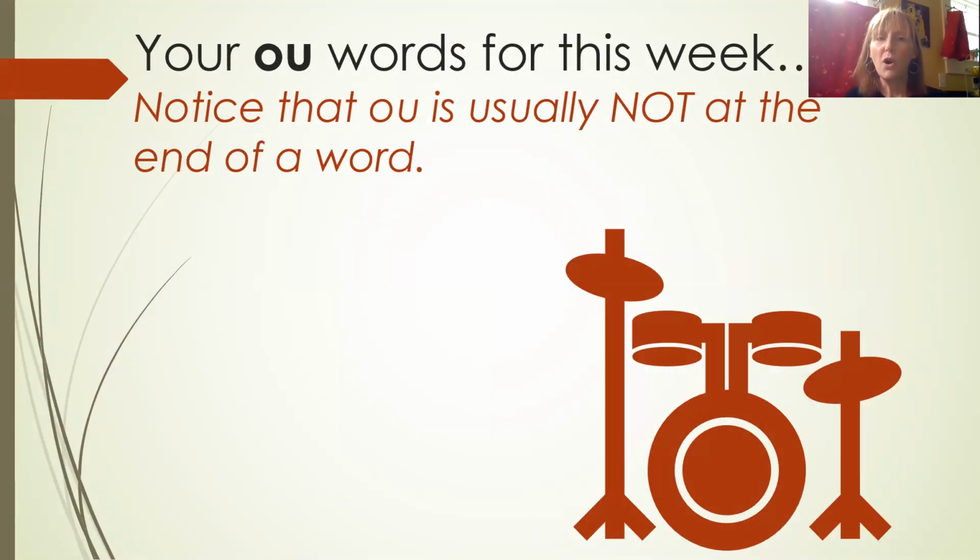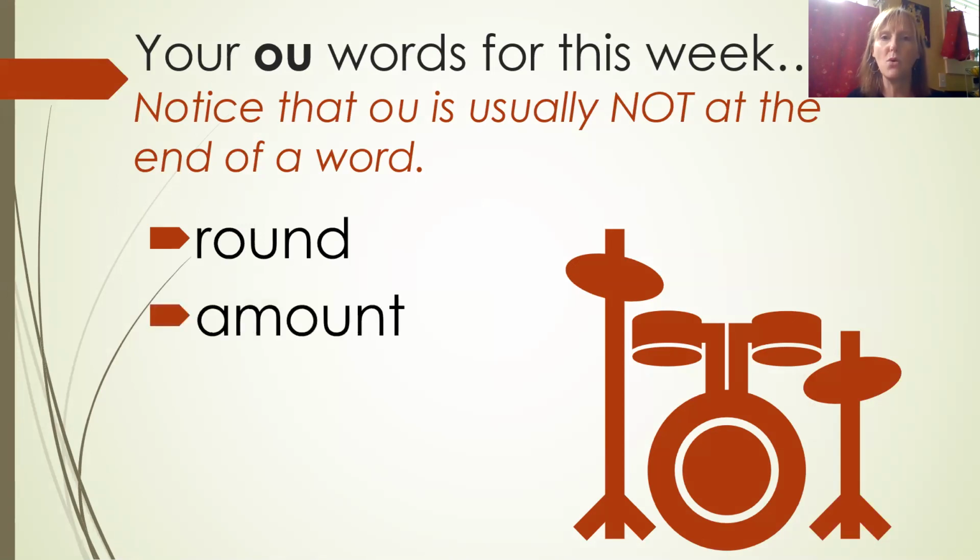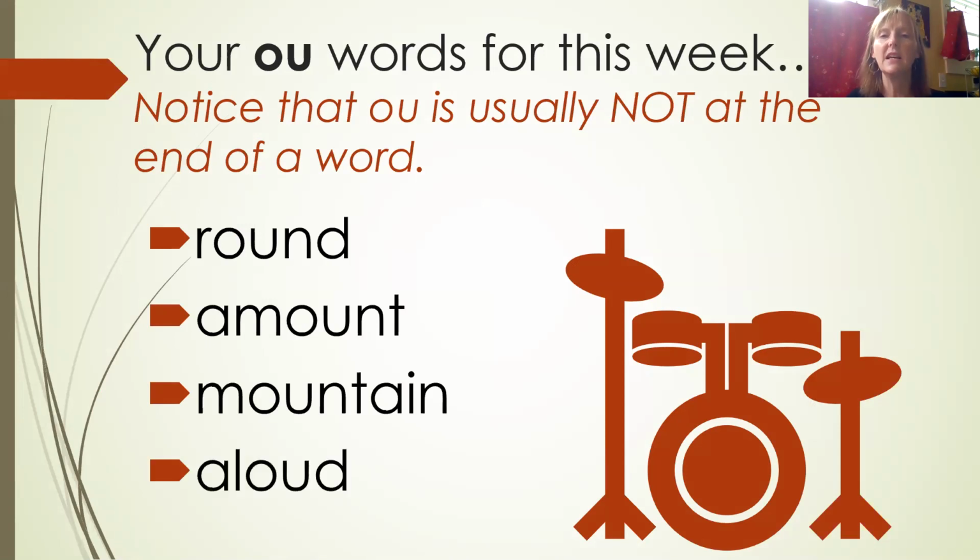Your OU words for this week, I want you to notice that the OU is usually not at the end of a word. So there's almost always some consonant or consonant blend after the OU. For example, go ahead and read that one. Round, amount, mountain, and aloud.